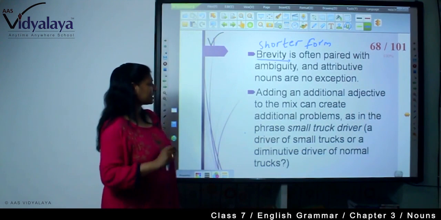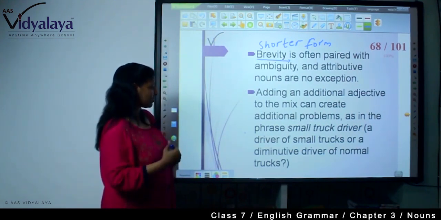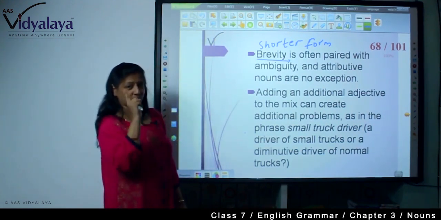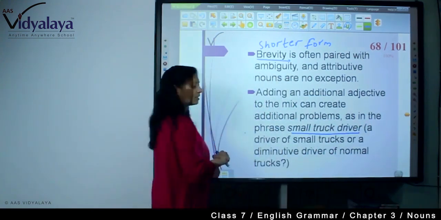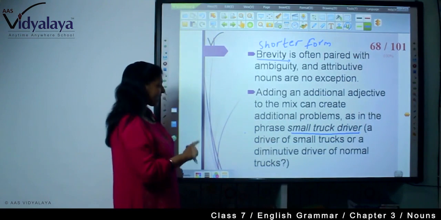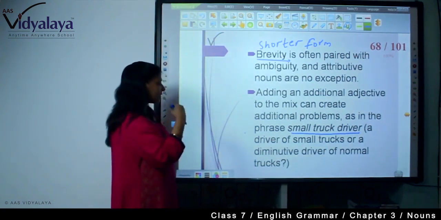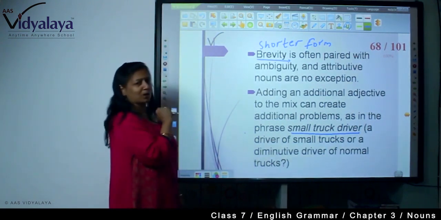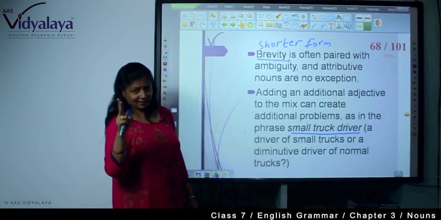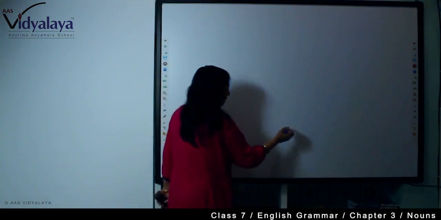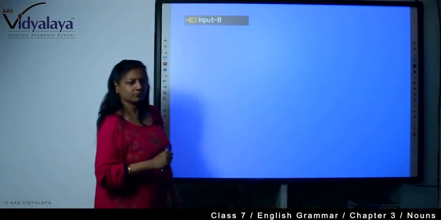Adding an additional adjective to the mix can create additional problems. For example, take the phrase "small truck driver." What will you write? A driver of small trucks, or a diminutive driver of normal trucks. So there are two types of meanings from this "small truck driver."